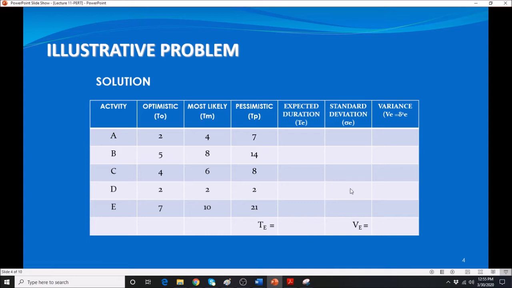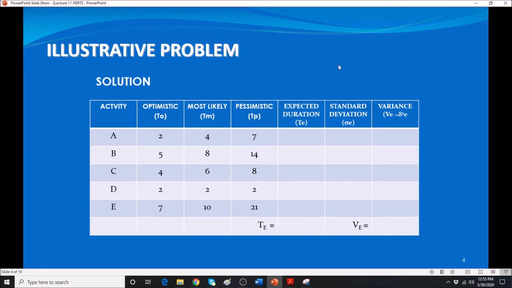We will be adding three more columns that will correspond to the expected duration of each given activity. We have the standard deviation for each activity, and of course we have the variance. Again, in your notes, in the PowerPoint, in the supplementary documents, all the formulas that you will be using are listed down.